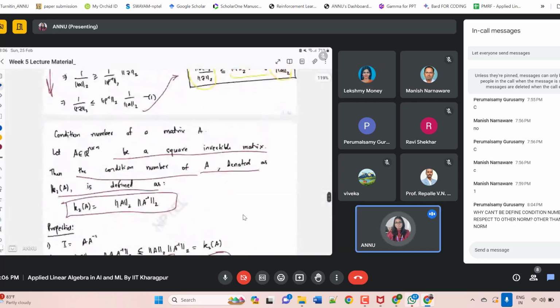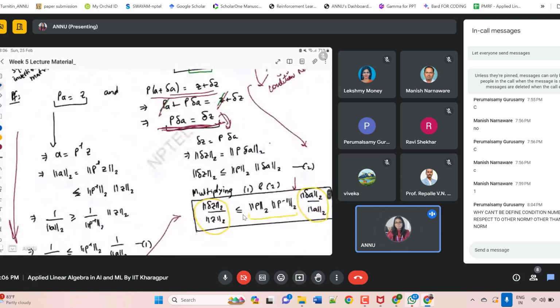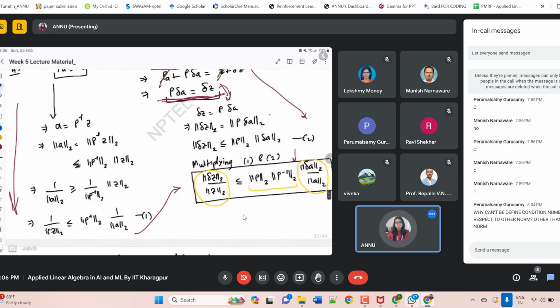So okay, we proved it with respect to this particular thing. You can also take other norms here. But the definition of error will also be different, right? Error will be defined with respect to a different norm. And generally the two norm represents the magnitude.